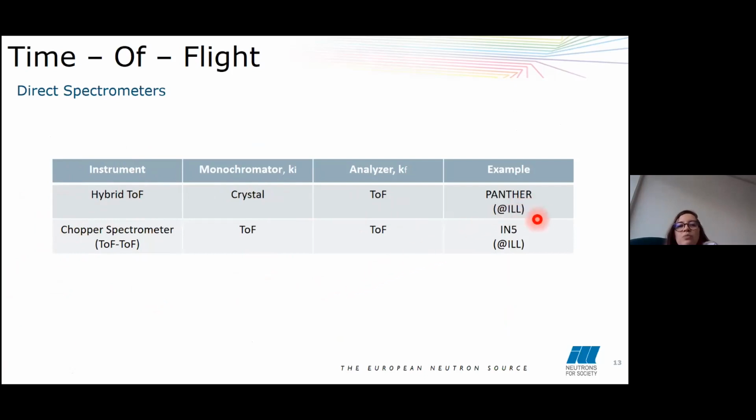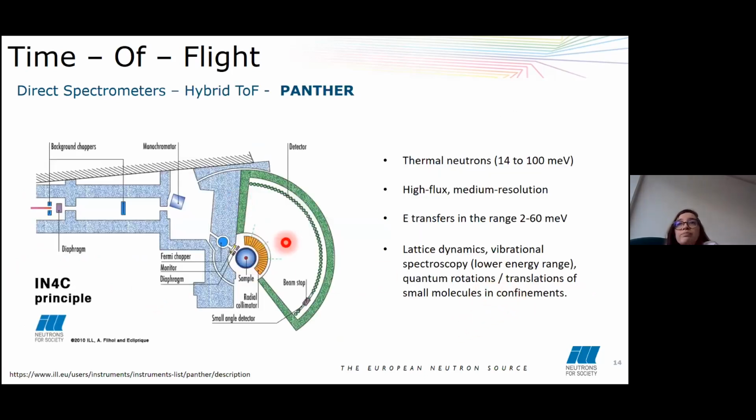One example of hybrid is PUMA, and one example of chopper is IN5. PUMA, which works with thermal neutrons, actually replaced IN4, but their science is basically the same.